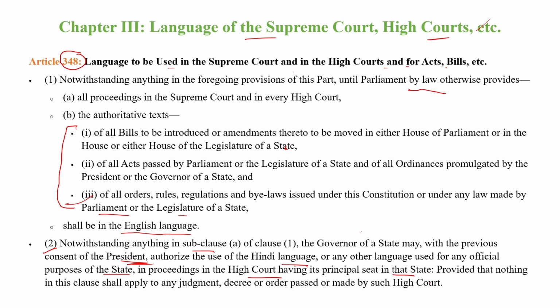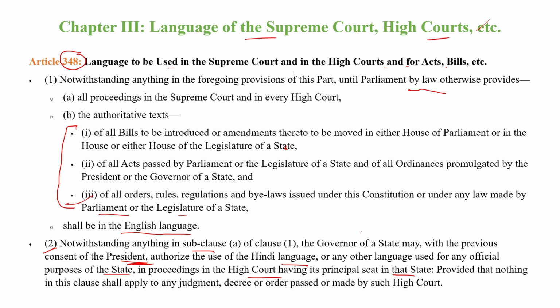It means if the governor wants, then with the permission of the president, he can allow Hindi or any official language of the state to be used in High Court proceedings, but not for any judgment, decree, or order made by the High Court.